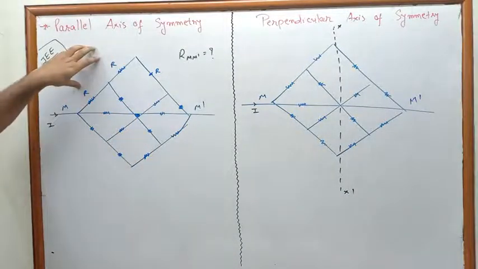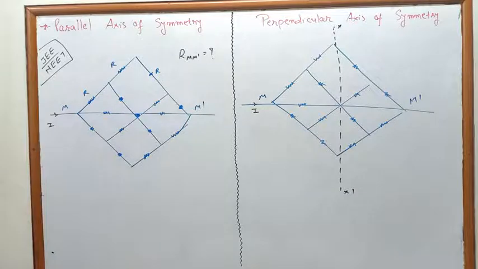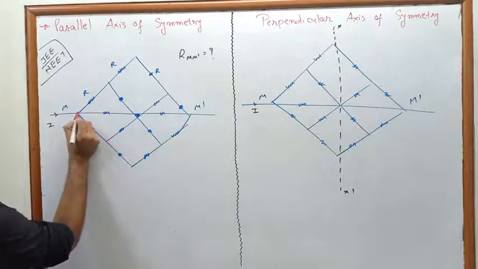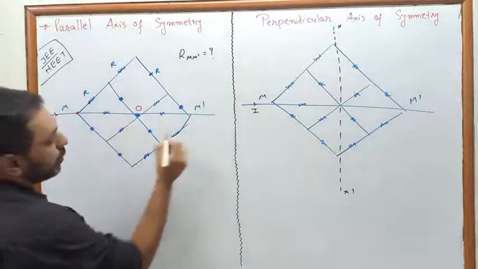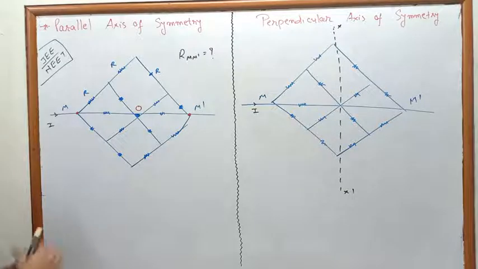Now in parallel axis symmetry, what you have to check is symmetry upwards and downwards. Now consider this point M, this is point O, and this point M dash. So we have symmetry upwards as well as downwards.